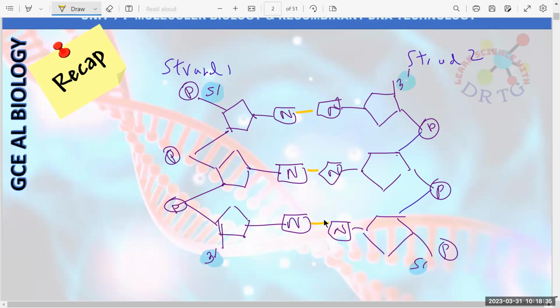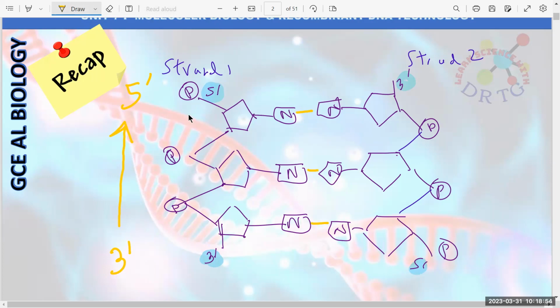Can you explain that anti-parallel structure exactly? Yes, in an antiparallel structure, this strand is running 3 prime to 5 prime direction.